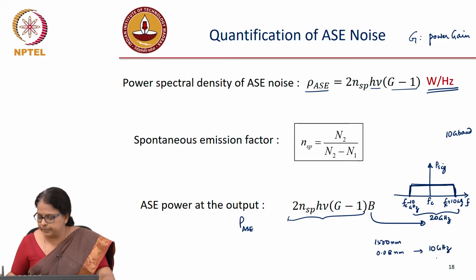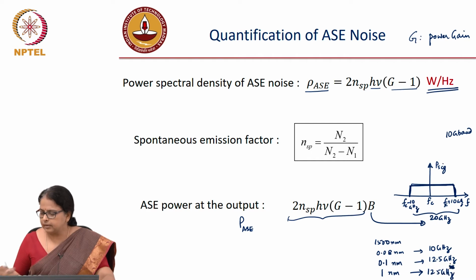So 0.1 nanometer would correspond to 12.5 gigahertz. So if I am using a 1 nanometer filter, it would correspond to 125 gigahertz, right.